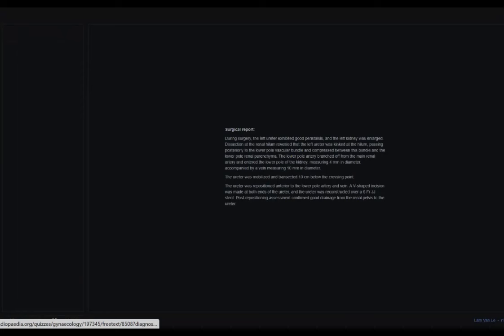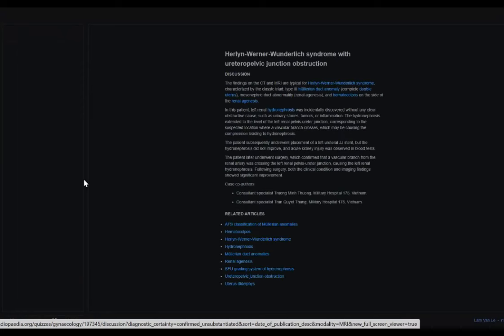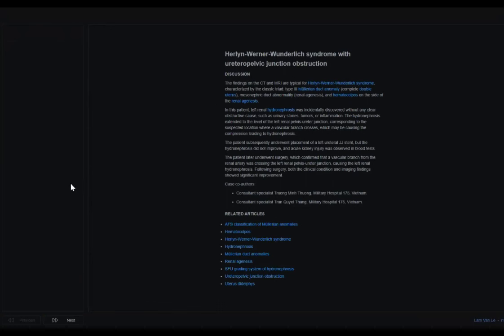Okay, my colleagues, is it clear? This case was a didelphys with a hemivaginal imperforate hymen, which caused hematocolpos.